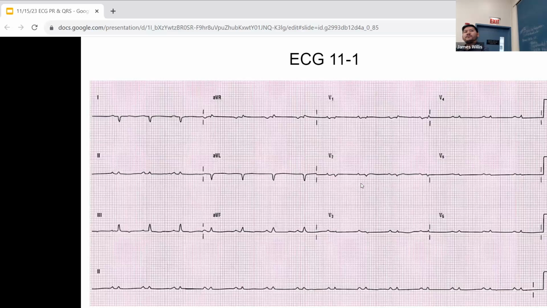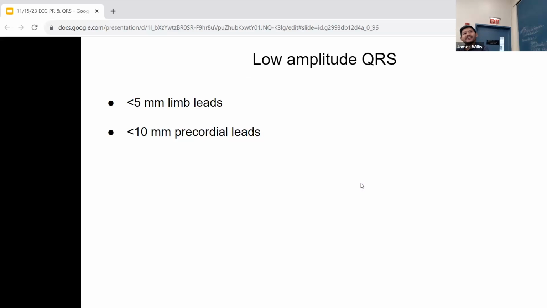What's abnormal about this EKG? It's low voltage, yeah. What defines low voltage? Just looks low, right? Yeah, so there are actually numerical definitions of low amplitude QRS: less than 5 millimeters in the limb leads and less than 10 in the precordial leads.